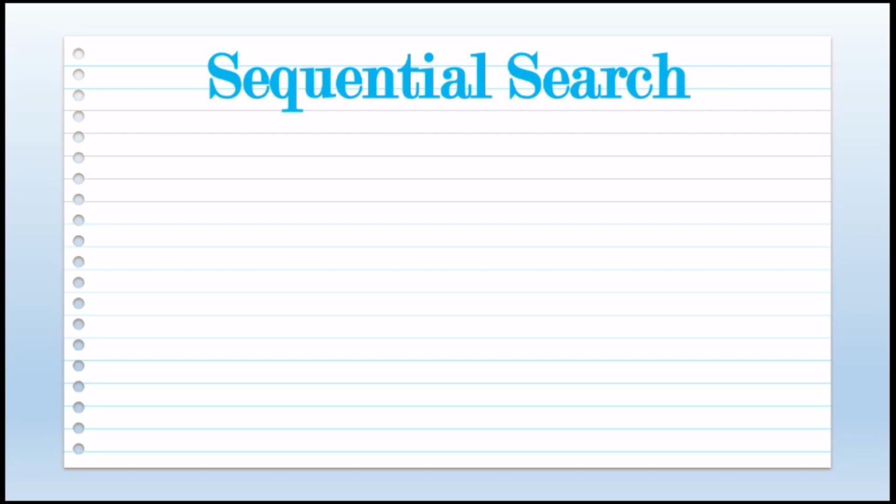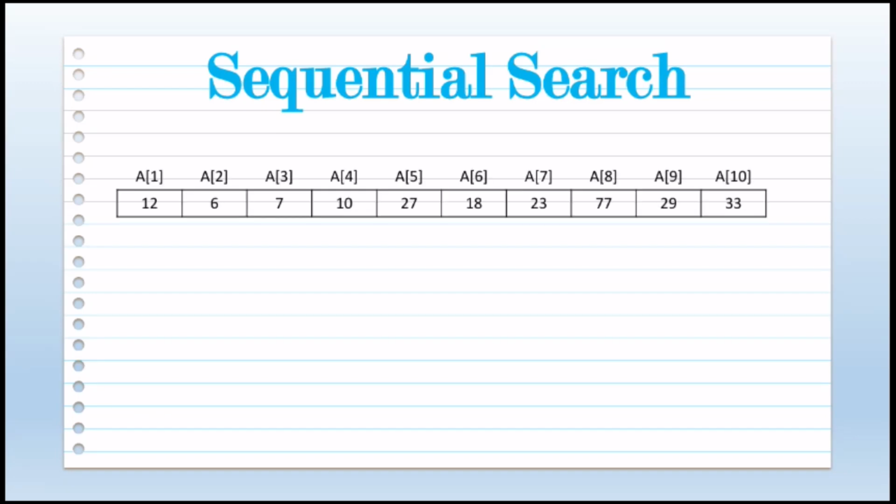Now we will take one example and see how sequential search works. Suppose this is the given list of elements which starts from a of 1 till a of 10, and suppose we want to search whether 23 is present in the list or not. This is sequential search.